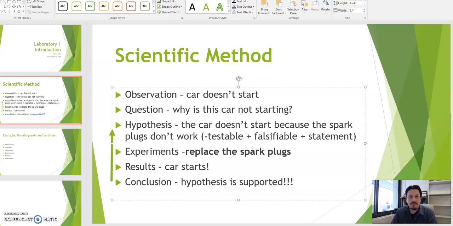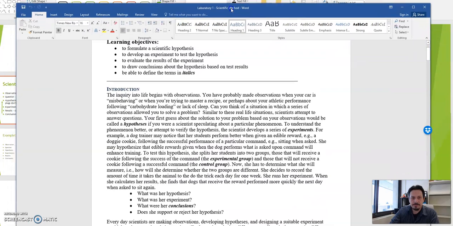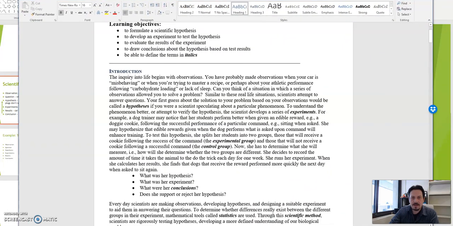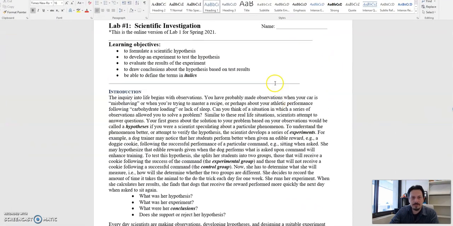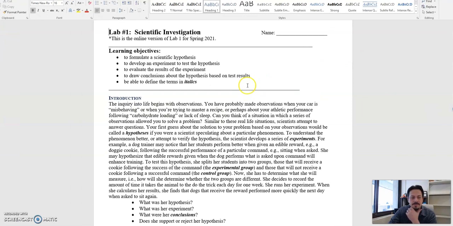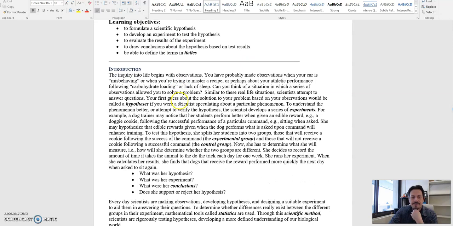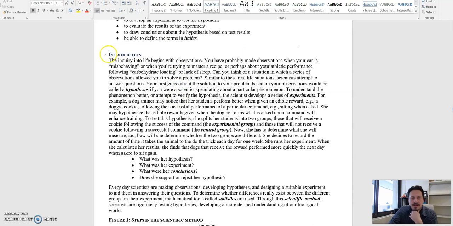So we are going to be doing this for this lab. So I'm going to bring the lab over. And this is what the lab will look like. It's a scientific investigation. Here are the learning objectives. And for this lab, you're going to have an introduction. Read the introduction.